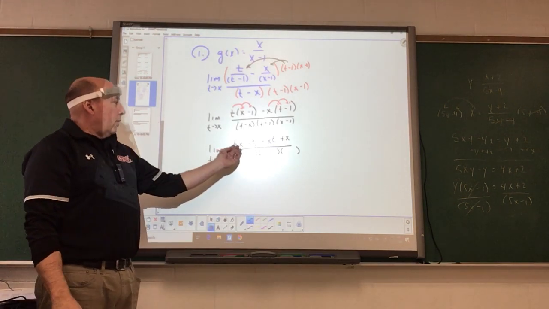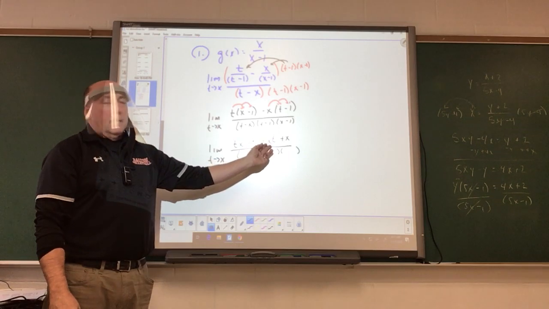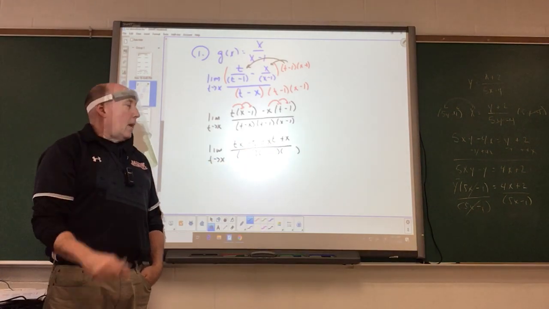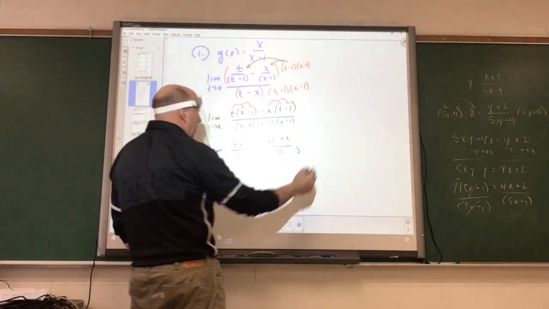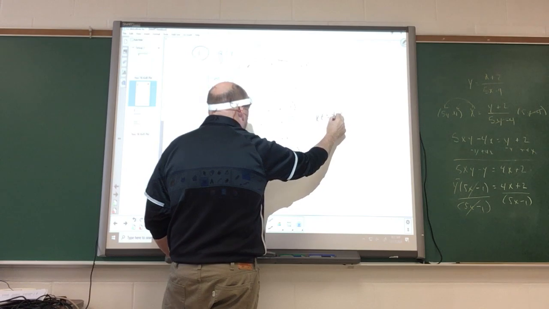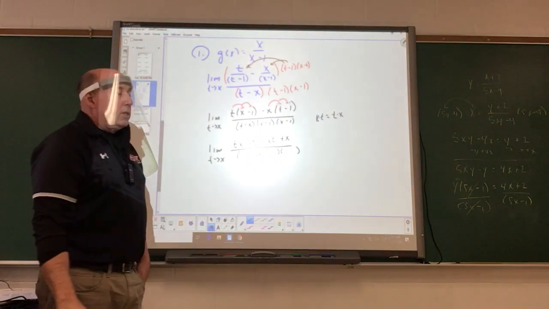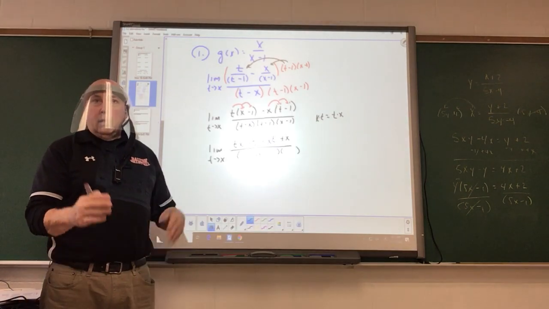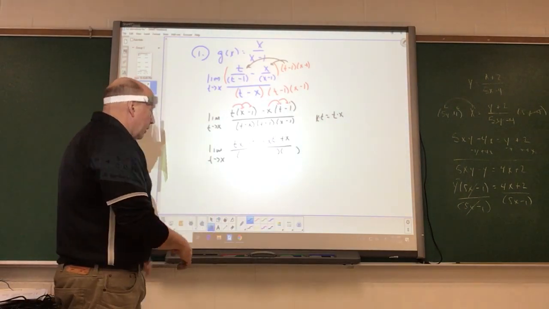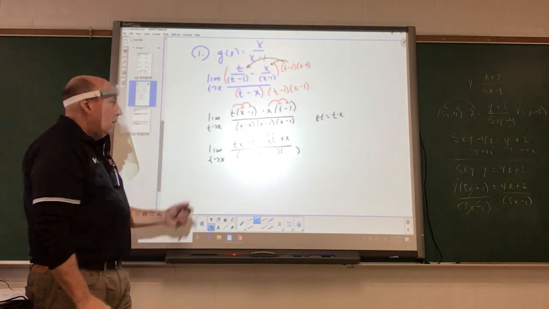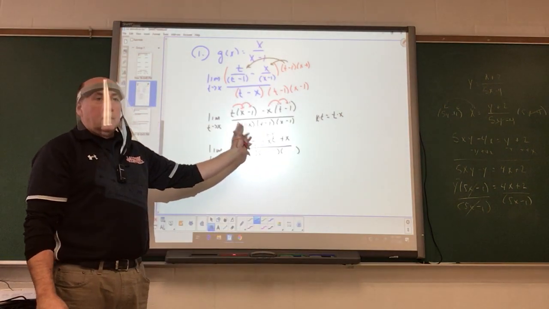Well, if we take a look, we have a tx here minus an xt here. Using our commutative property of multiplication, tx will equal x times t. They're equal. So we have a tx here and a minus tx here. They go bye-bye.